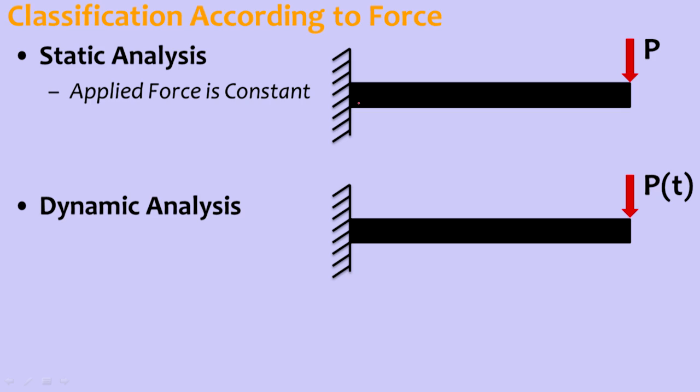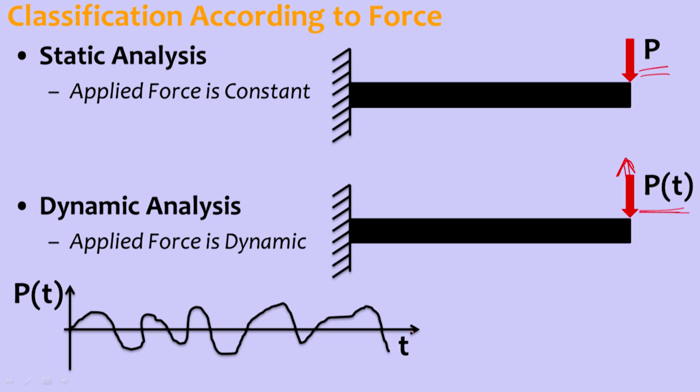The next one is dynamic analysis. In dynamic analysis, the force is varying. You can see here the difference in force. In fact, it should be drawn with arrows up and down, up and down, meaning increasing, decreasing, increasing, decreasing. You can see the applied force is dynamic, that means the force is not constant, it is varying in time. On the x axis is the time scale and on the y axis is the amplitude of the force.